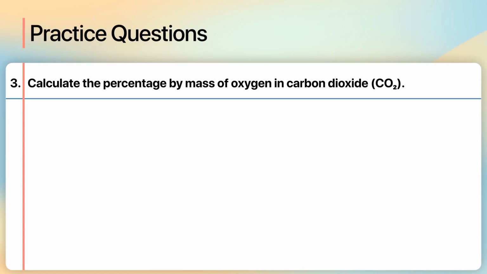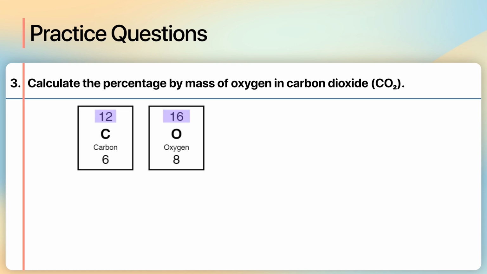Now, let's calculate the percentage by mass of oxygen in carbon dioxide, CO2. We know from the periodic table that the relative atomic masses are 12 for carbon and 16 for oxygen. Let's start by calculating the relative formula mass of CO2. We do this by adding the relevant masses. Therefore, 12 for the carbon plus 32 for oxygen, since there are 2 oxygen atoms.